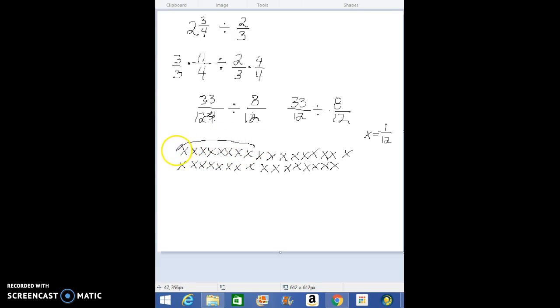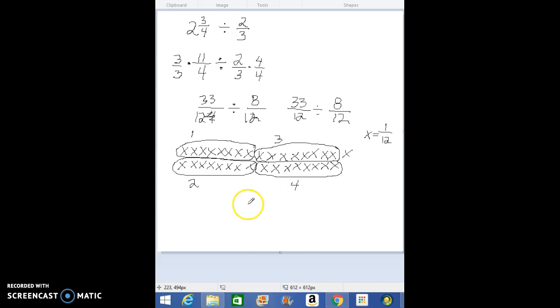All right. There's 1. Two, so that's 1, that's 2. There's 3.